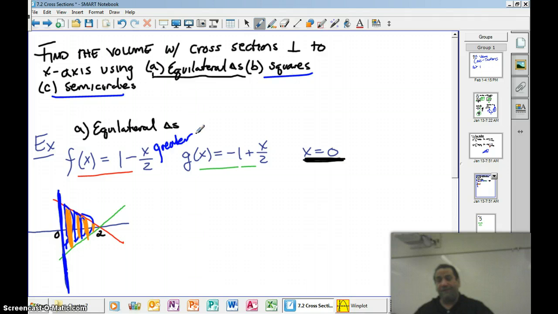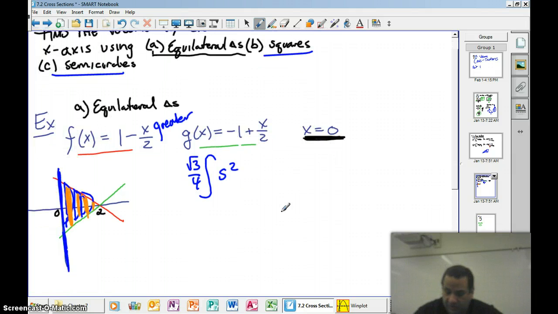Okay, and now the formula goes, since I want equilateral triangles, it's going to be the integral of the equilateral triangle formula from back there. And that's going to be the square root of 3 over 4 S squared. Okay? So that's how we're going to handle this. Well, S turns out to be just the subtraction of those.